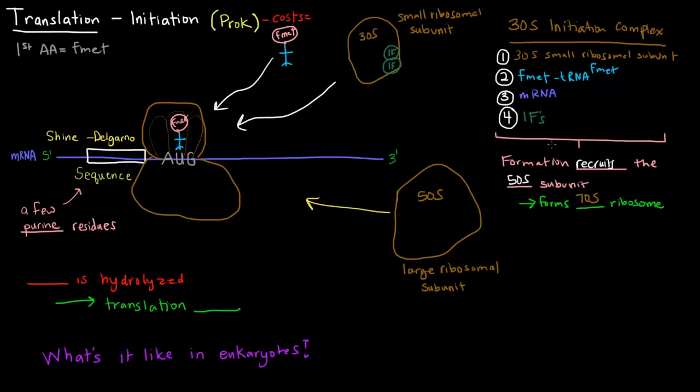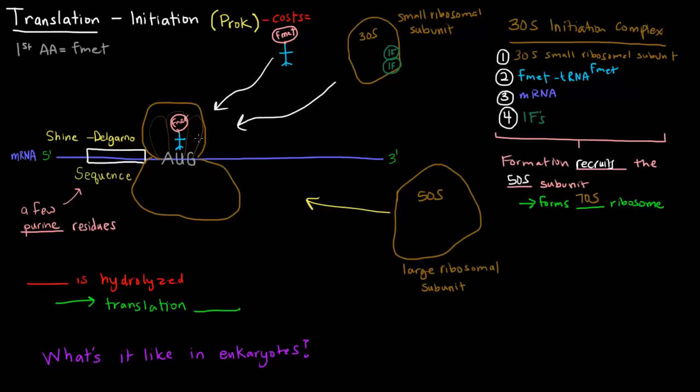Now, you might be thinking 30S plus 50S, that doesn't equal 70, 30 plus 50 equals 80. And you're right, but the S stands for Svedberg units, which are units of the rate of sedimentation, and those units are actually not additive. So in this case, just trust that 30 plus 50 equals 70 for the prokaryotic ribosome.